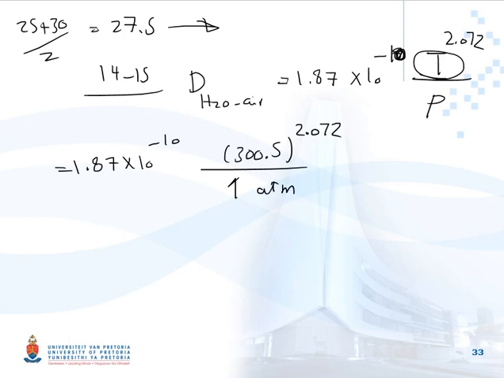So pressure needs to be in atmosphere as well. It's a semi-empirical correlation. You can also use the table as well. You don't need to use this correlation, and the answer will be 2.55 times 10 to the power of minus 5.